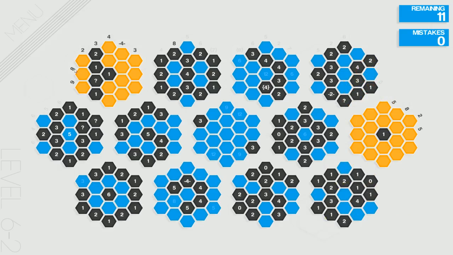Alright, so going back over to the left, we can look at this row with 8. We have 1, 2, 3, 4, 5, 6, 7, 8. So that means we can eliminate those and deselect our 8. Alright, so if we look up here at this 2, in relation to this 1, we know this one will have to be blue, because only one of those 2 could be blue for this 1 to work.